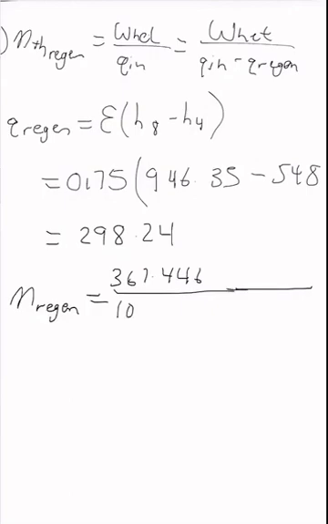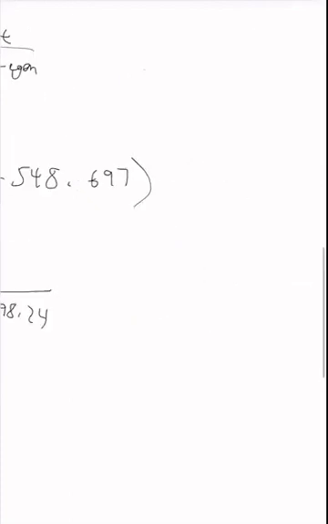And then 1060.533 minus what we just found, 298.24 kilojoules per kilogram, which gives us an efficiency of 0.482 or 48.2%.